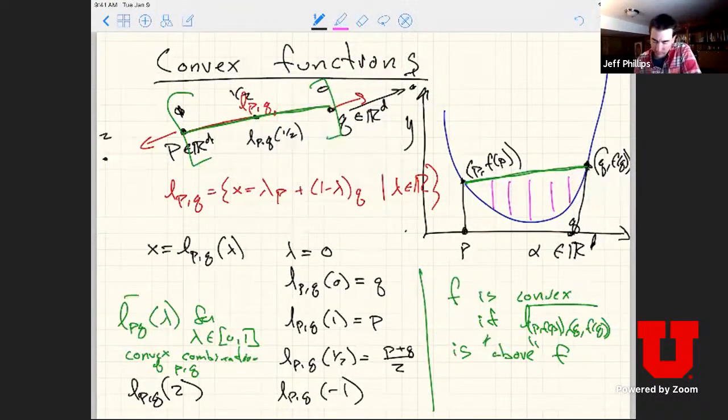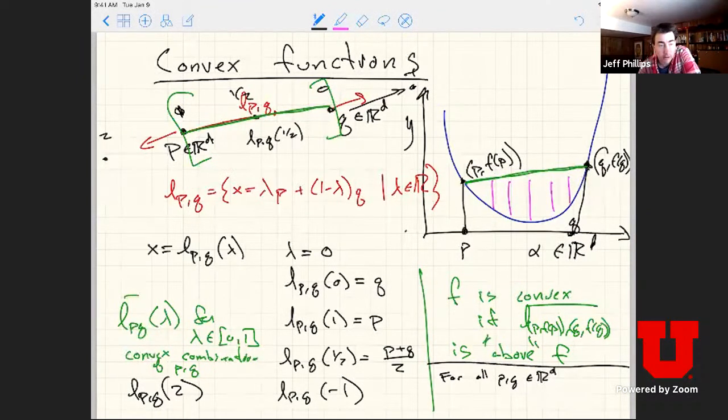And we can define this. Typically this is written for all P, Q in RD, for all values lambda in [0, 1], then I'm going to have F of lambda P plus 1 minus lambda Q. So this is the function values in here, for the function values in here.